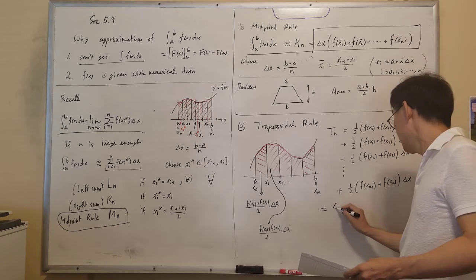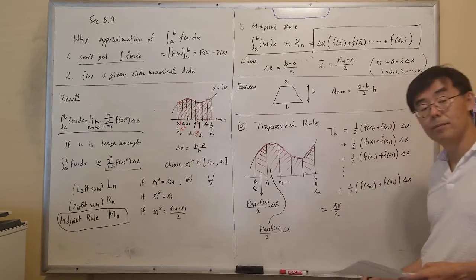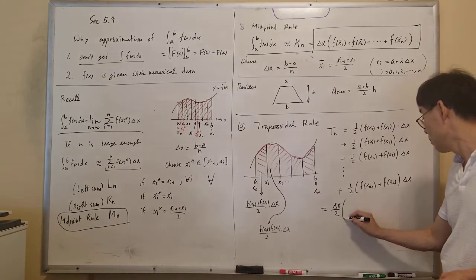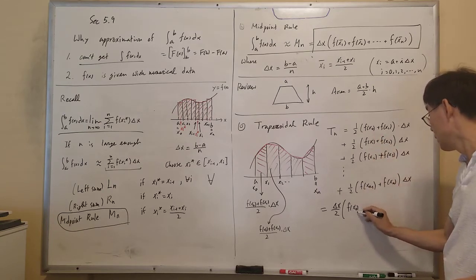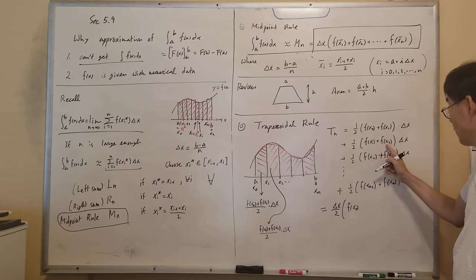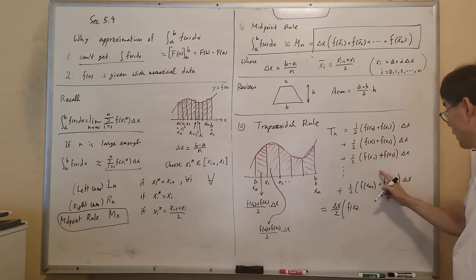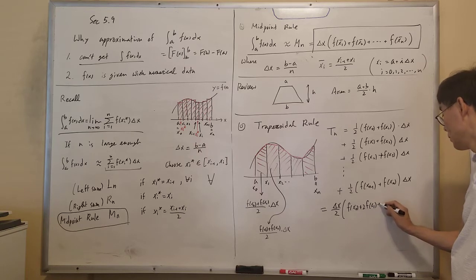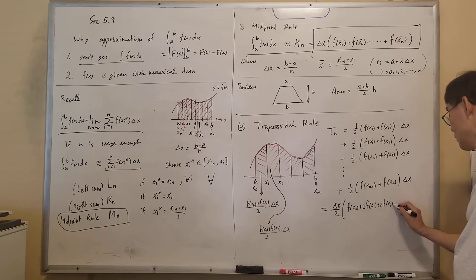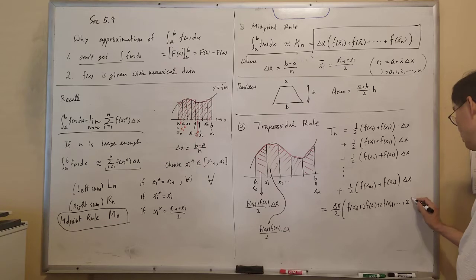I get delta x over 2, right, times f of x0, now f of x1 twice, f of x2 twice, f of x3 twice, all the way to 2 times f of xn minus 1, and then f of xn.